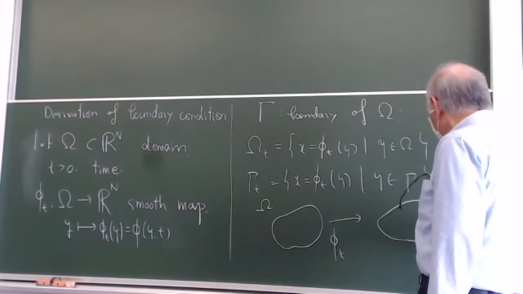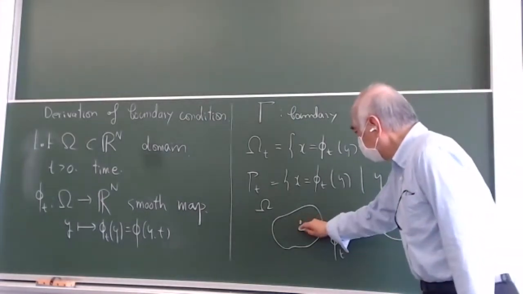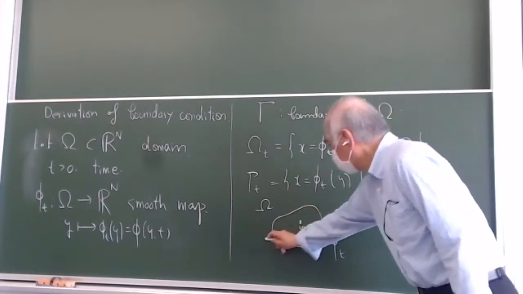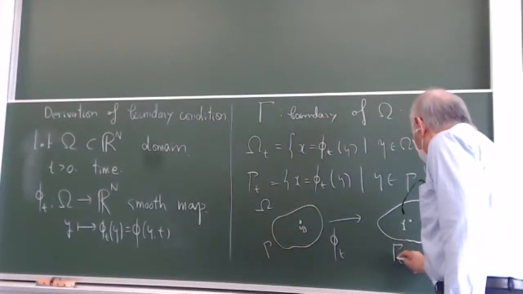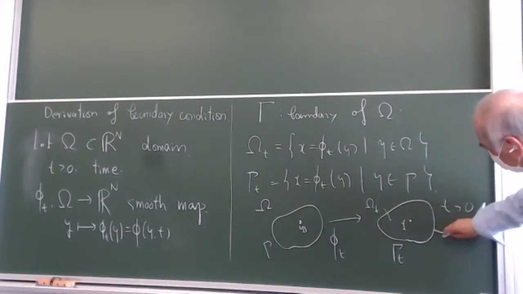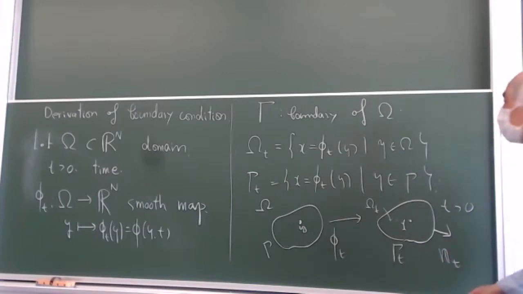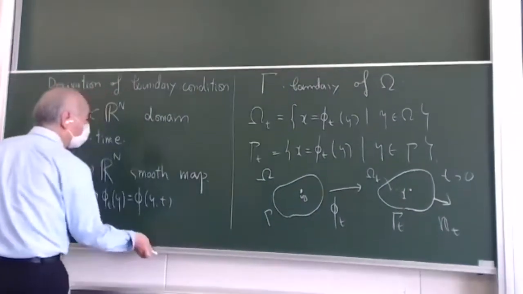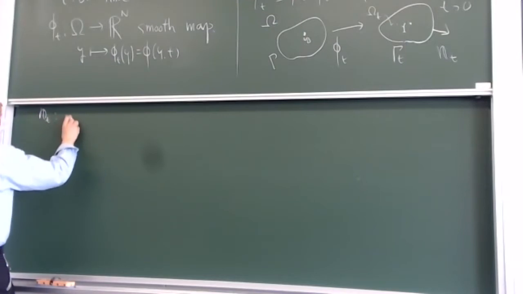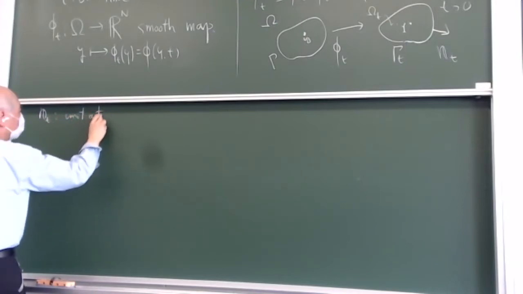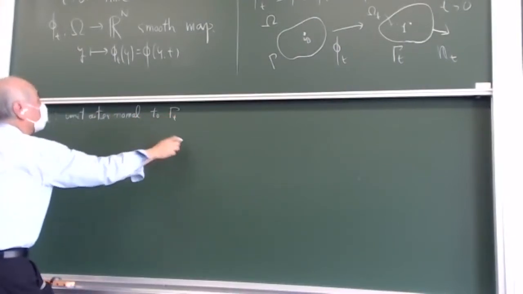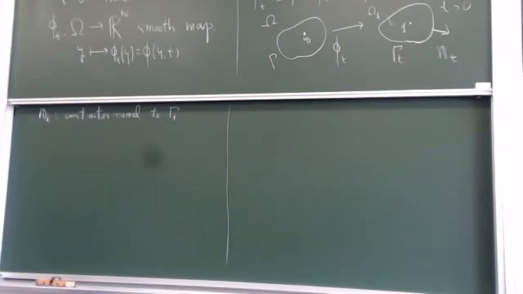When time is t, this point is going to x, and so the boundary gamma_t and the domain omega_t. Moreover, n_t is the unit normal. I want to fix these notations.